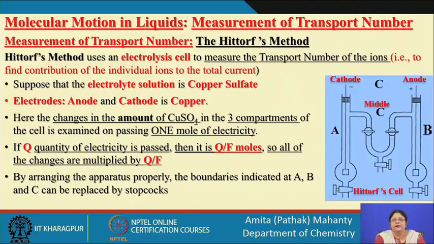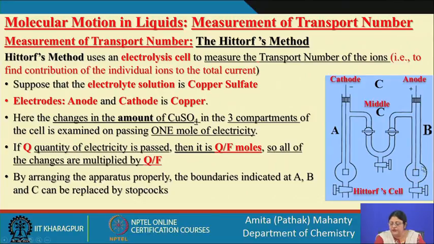So, we have to multiply by Q by F for each of the changes we see for the amount of copper sulphate. Clear? Now, by arranging the apparatus properly, the boundaries between A, B and C can be replaced by the stopcock. Previously we had a boundary generated by the mobilities of the ions and the densities of the electrolyte solution. Here we have separated out the three compartments. For the cathode compartment I have put a stopcock, and whatever solution concentration is there I can monitor. Similarly, for the anode compartment we have a stopcock, and all of the solution in it is retained.